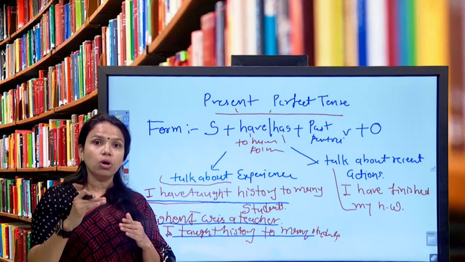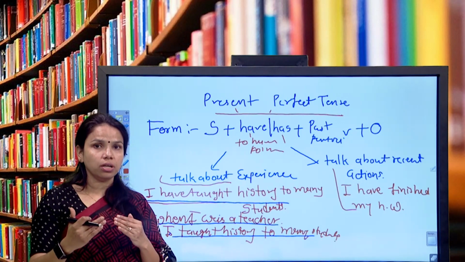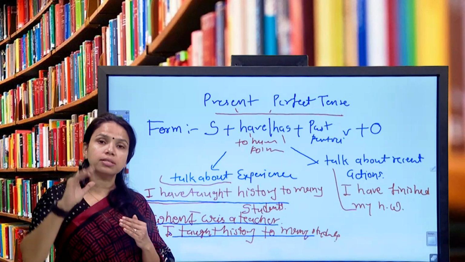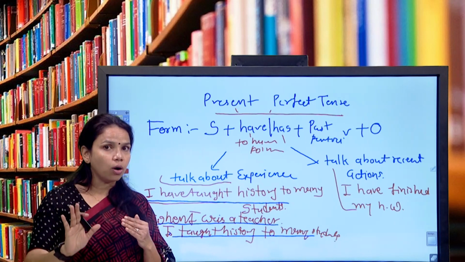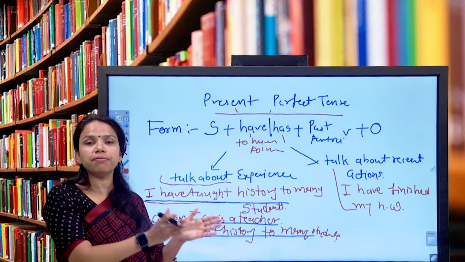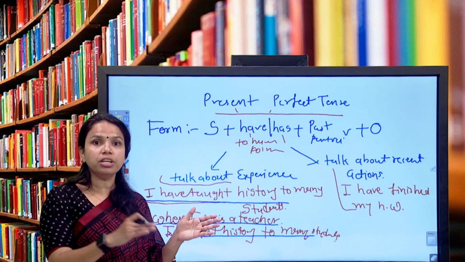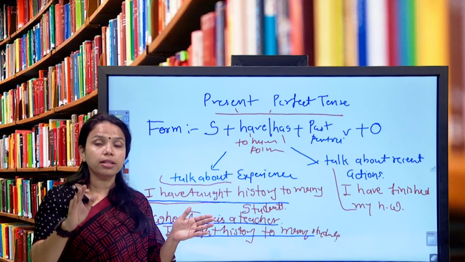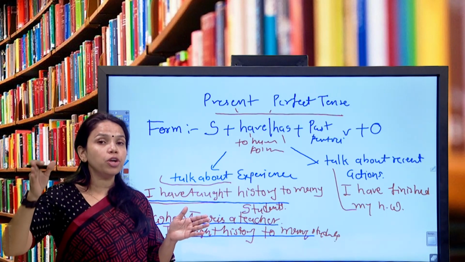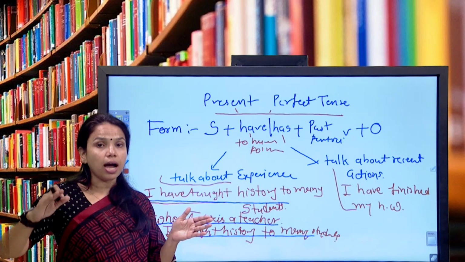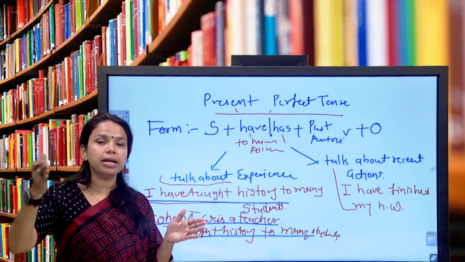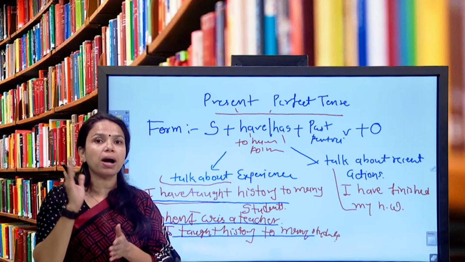So the process of teaching history is completed. Now, currently my profession is different. So currently I am not teaching history to students. That was my past. So whenever you use the past tense, I taught history to many students, it indicates a past tense.